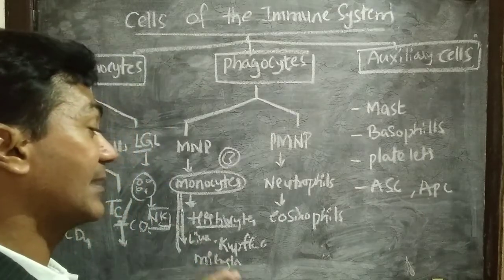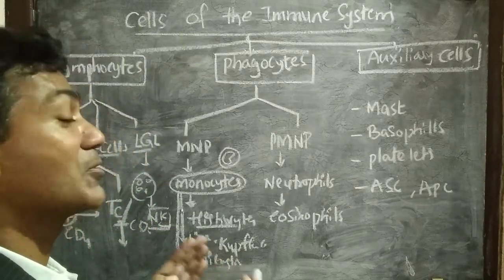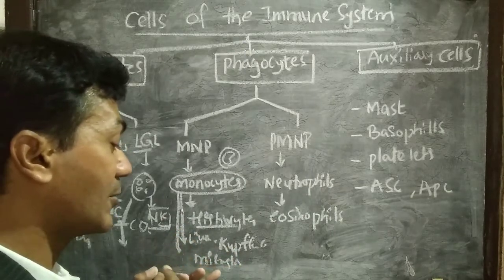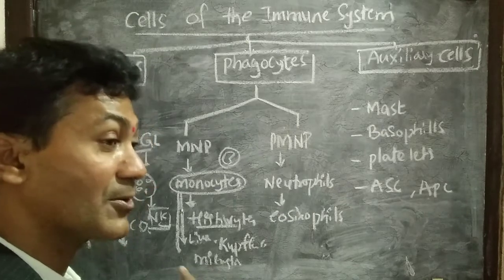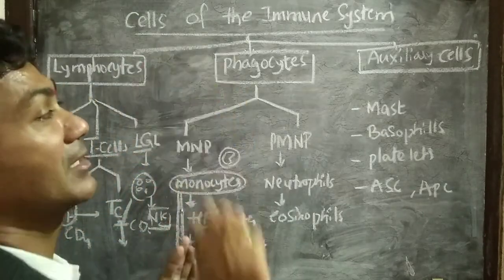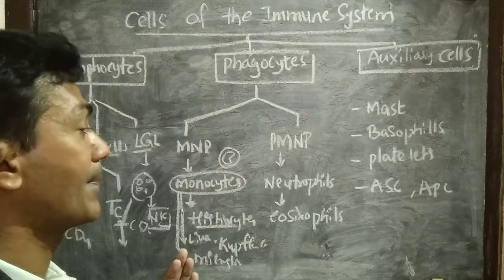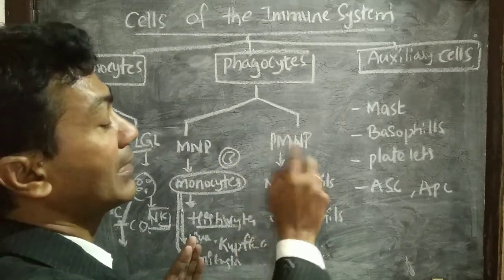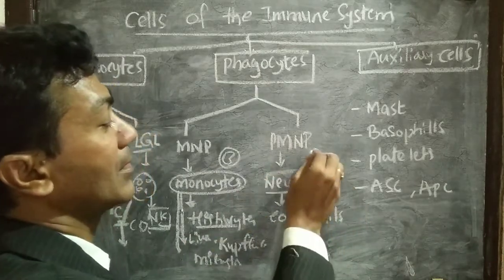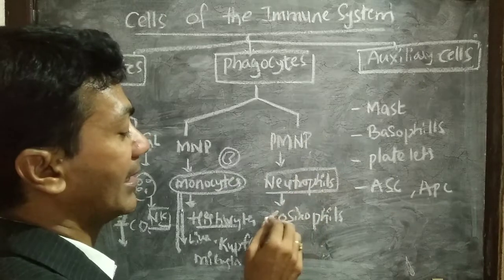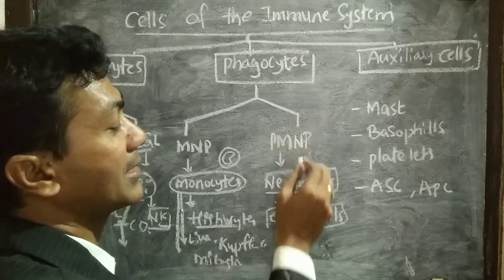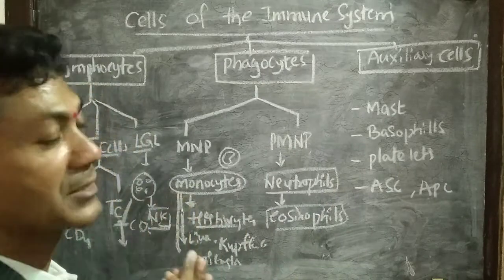If it enters bone, osteoclasts. So histiocytes, Kupffer cells, microglia, synovial cells and osteoclasts are modified monocytes whose main function is phagocytosis. And then polymorphonuclear phagocytes, which include neutrophils, the policemen of the body, and eosinophils, whose function is also like monocytes.